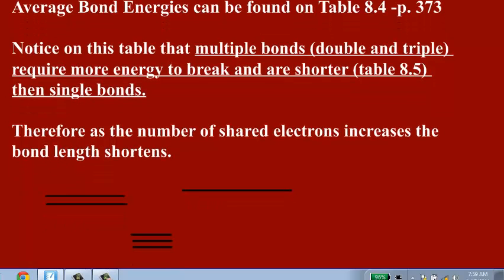You should notice on this table, and I think I have a copy of it in your notes, though it's going to be very hard to read due to the quality of the copy, that a double bond requires more energy to break than a single bond, and a triple bond requires more energy to break than a double bond. You can see that if you look at carbon. Carbon double bonded to carbon is 614.